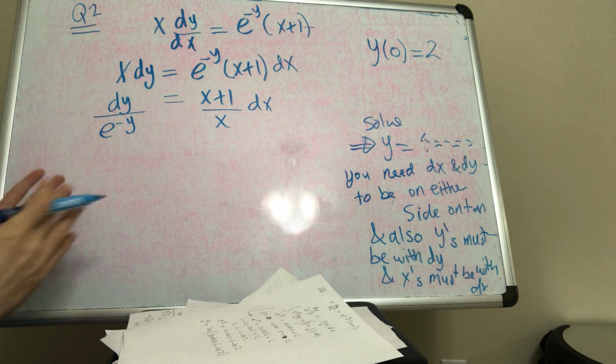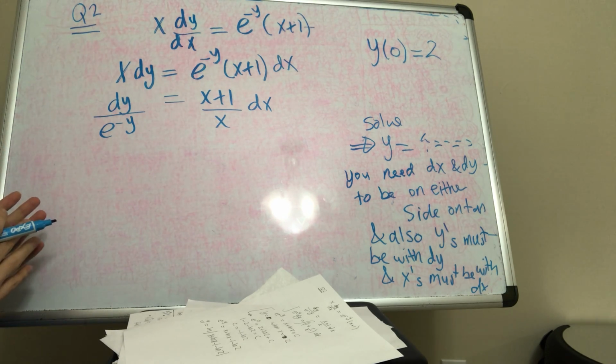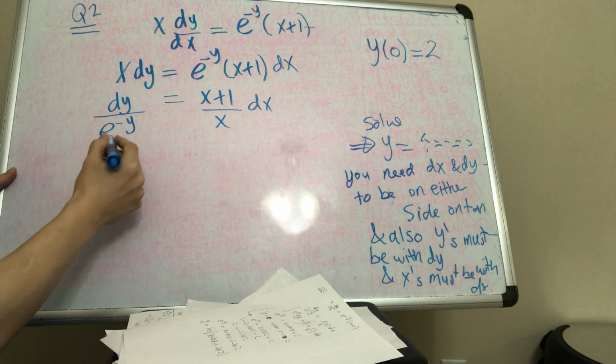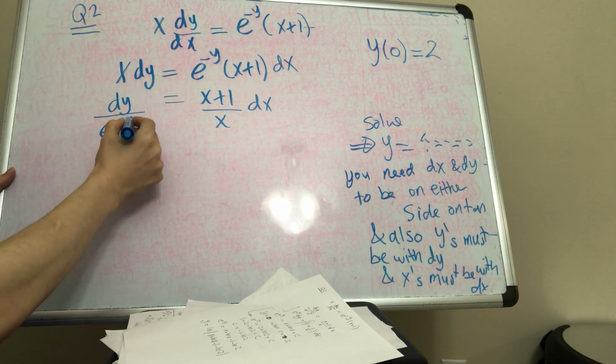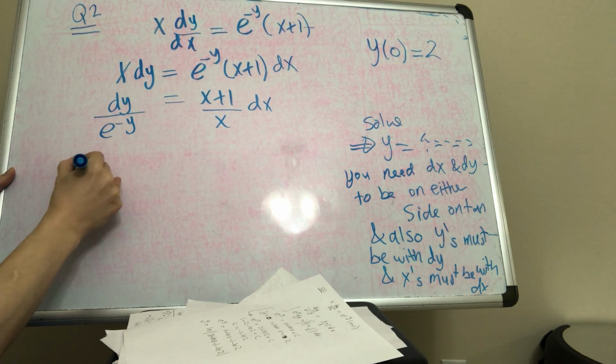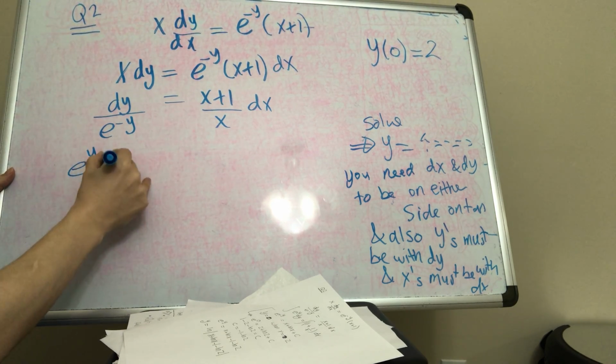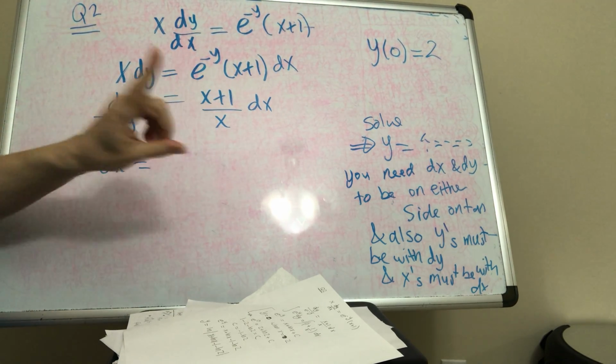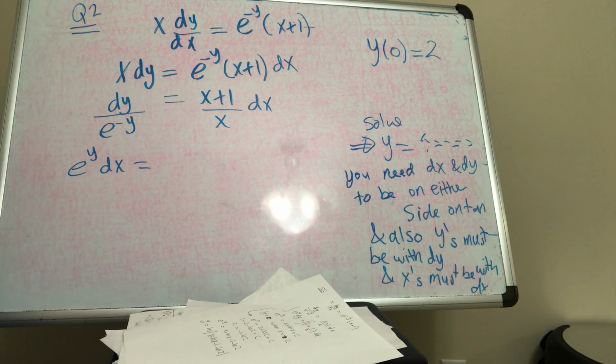Before you do anything else, I mean, you have the solution now. Before you do anything, see if you can simplify this more. e to the negative y, I can bring it up and it becomes e to the positive y. Here, since I have one term in the bottom, I can do what's called the distribution.